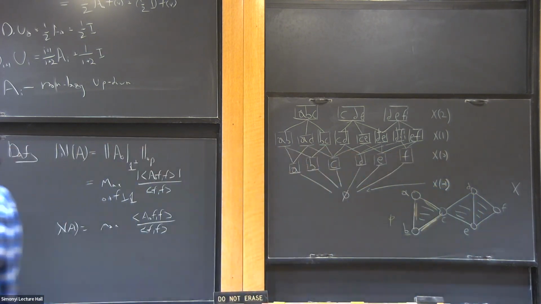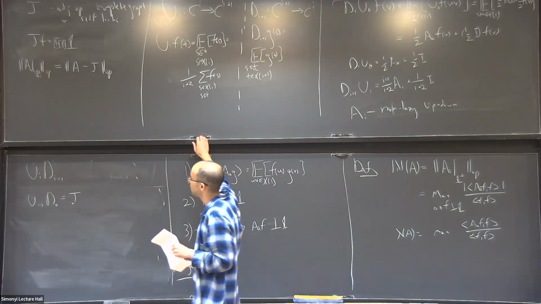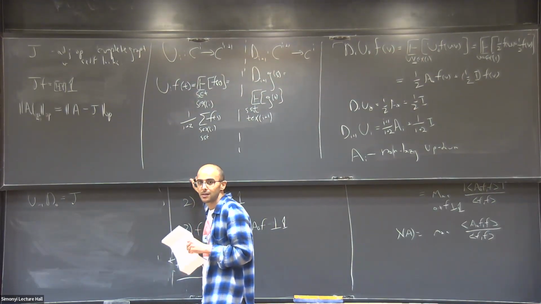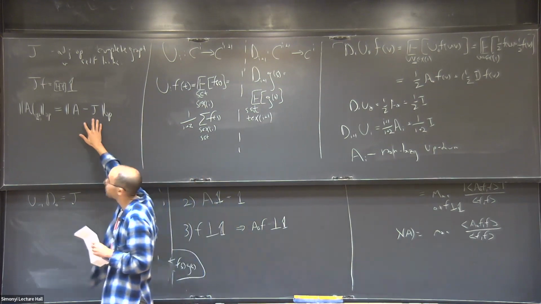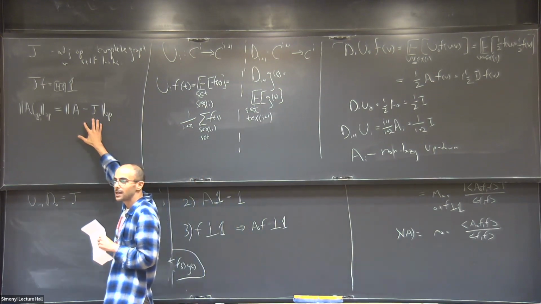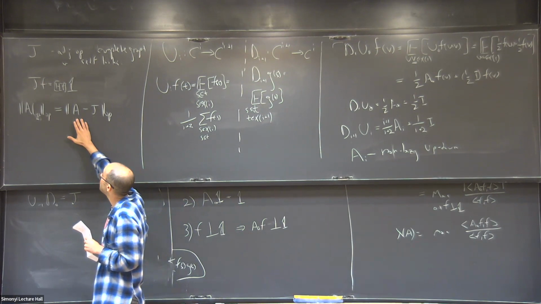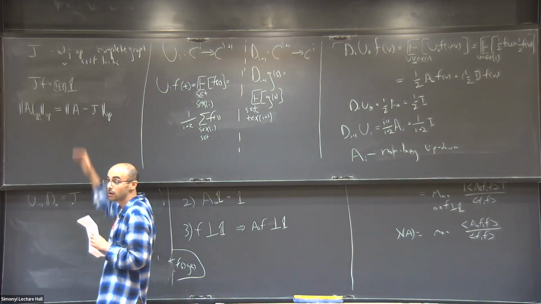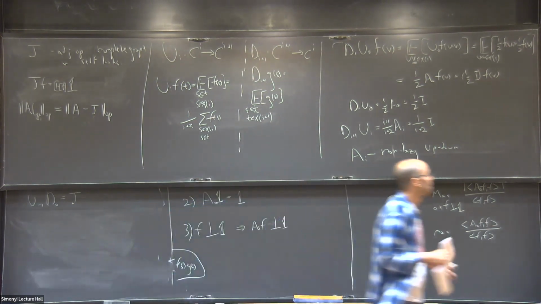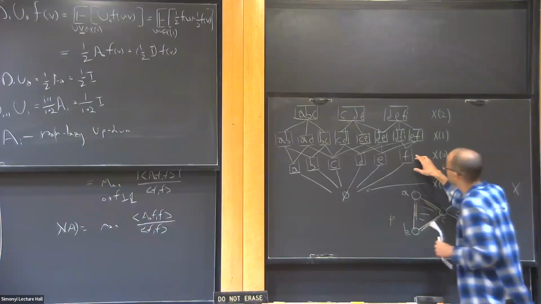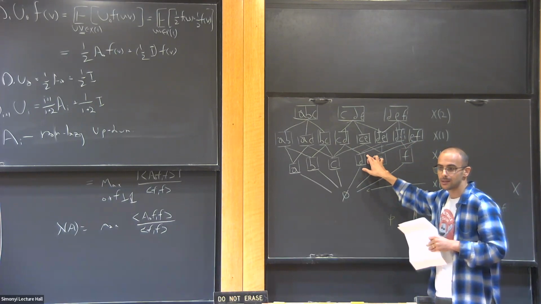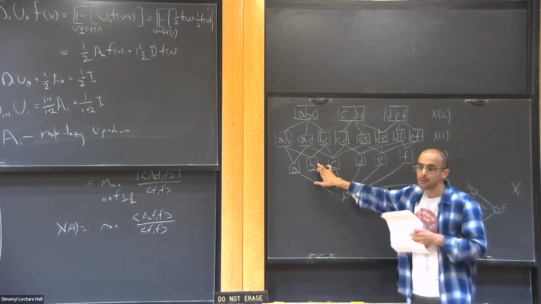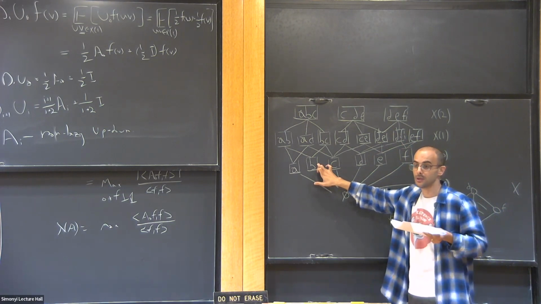And this is a very good hint on how we should define high dimensional expansion, because we already said that in graph expansion, we're measuring the distance between our adjacency operator and the independent walk. In other words, we're measuring the distance between this up-down walk that takes into account the edge structure and this down-up walk that takes into account no structure.